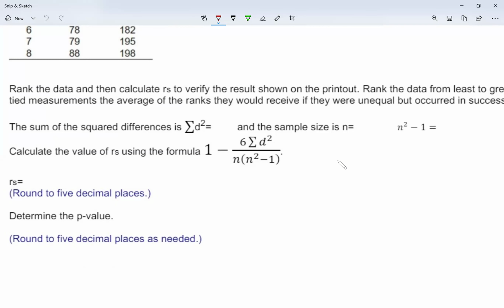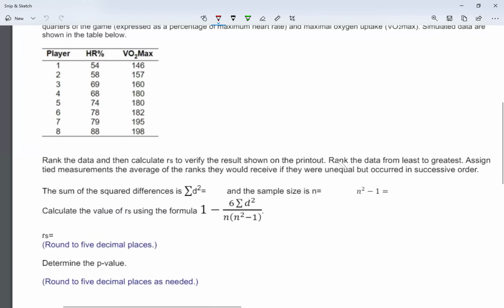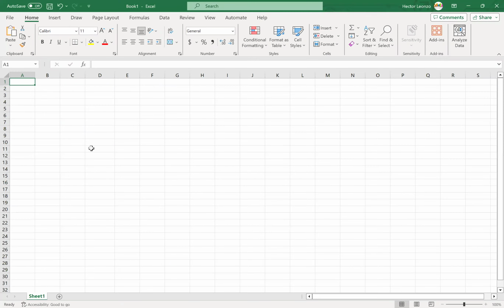Okay, so first of all, I'm going to use Excel. I'm going to copy my data here. I'm going to do my HR, leaving 2 spaces here, and then I'm going to do my VO2.